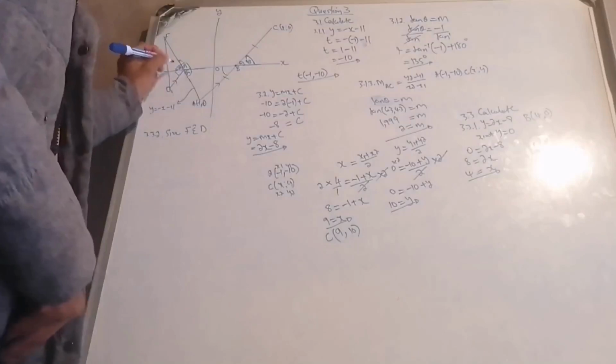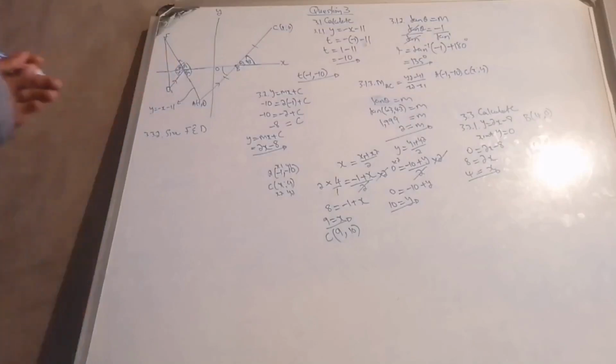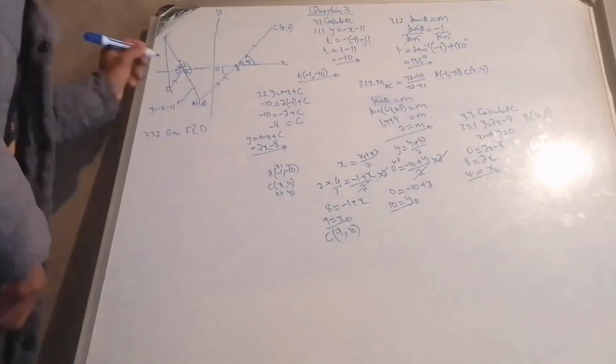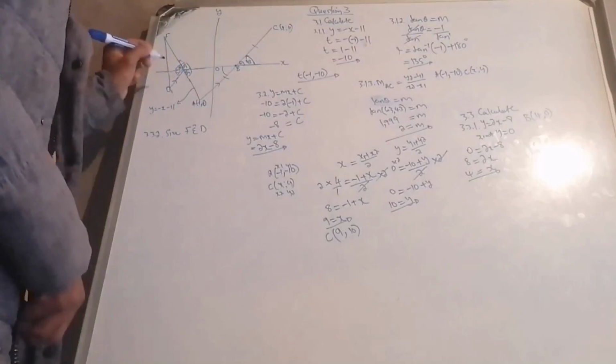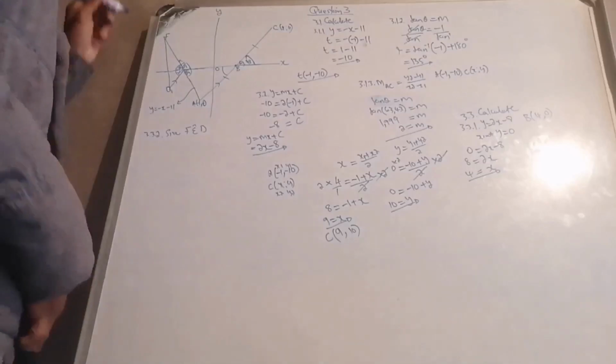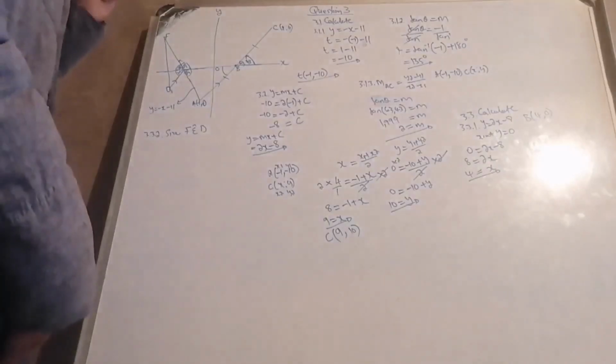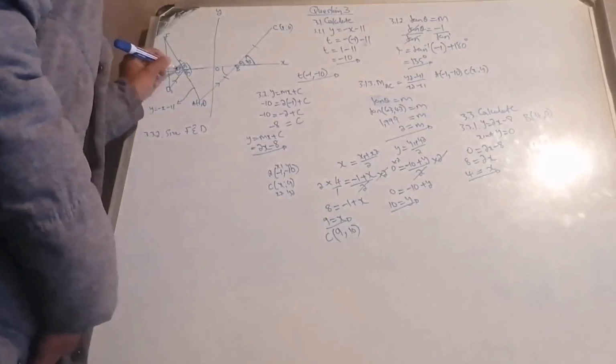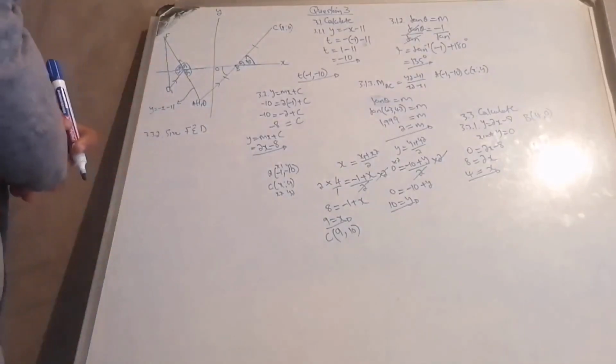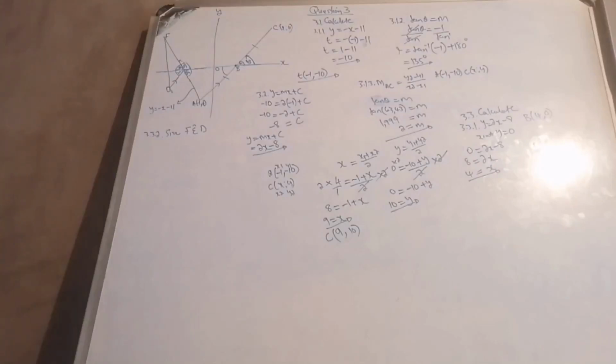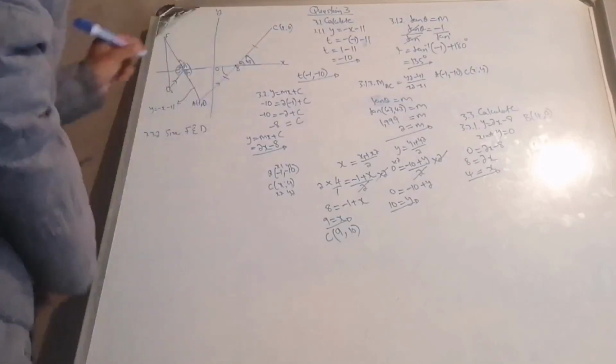I'm left only with this one. But I know that this and this and this makes a straight line. But I'm not interested in that one. I am just interested in this one. So how am I going to do this? I know vertically opposite angles.